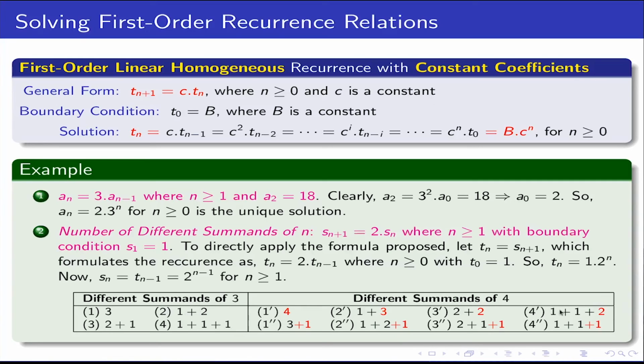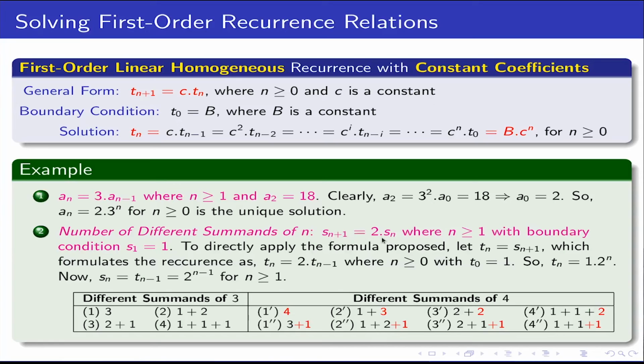That is the first row. The second way is to append plus 1 with everything: 3 plus 1, 1 plus 2 plus 1, 2 plus 1 plus 1, and 1 plus 1 plus 1 plus 1. So this is basically the summands of 4. Which means that for every summand of 3, I would have 2 times the number of summands in 4, which gives us this recurrence.